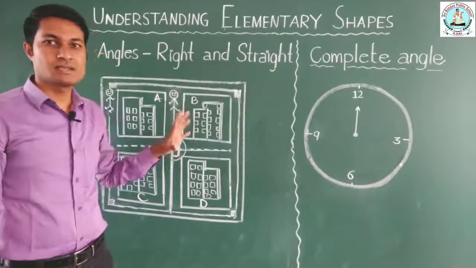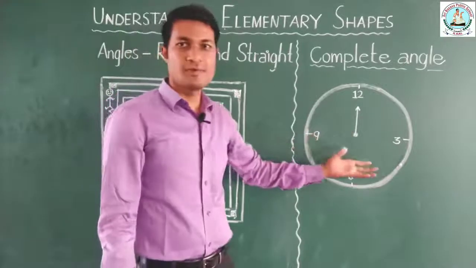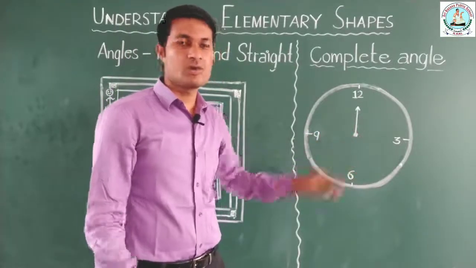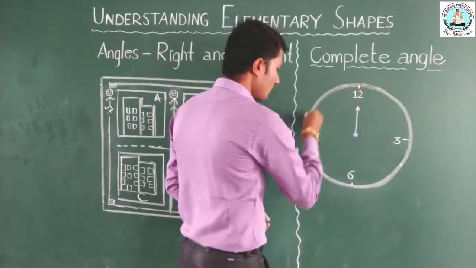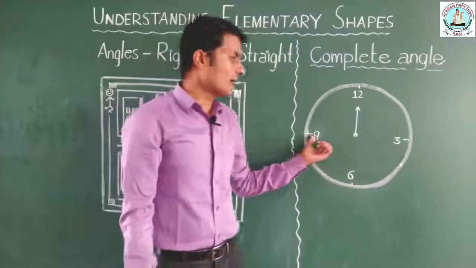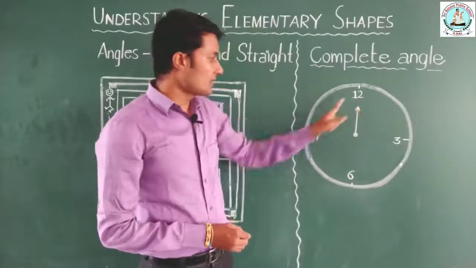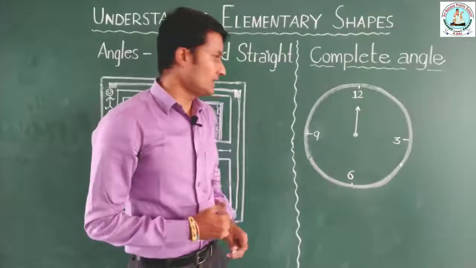To understand this even more clearly, just imagine, many of you might have seen a wall clock. Usually the shape of a wall clock is round, right? And usually we have some markings on the wall clock as well: 12, 9, 6 and 3, and we have some hands in the clock.